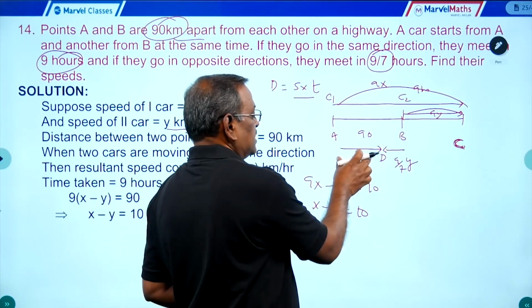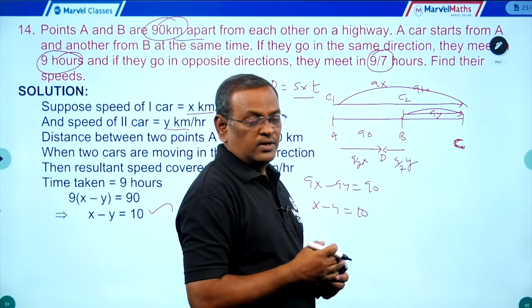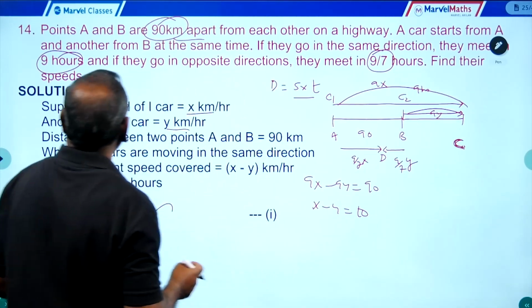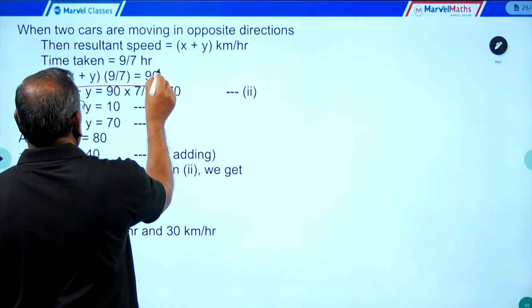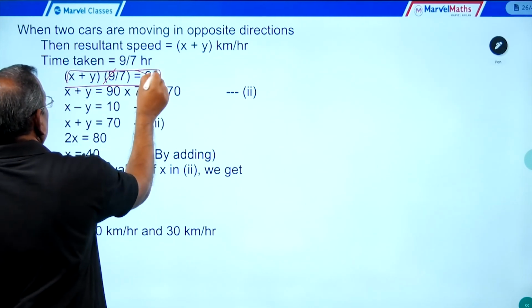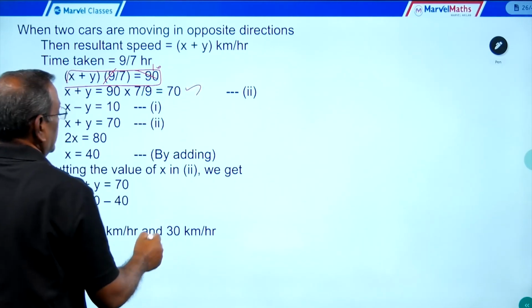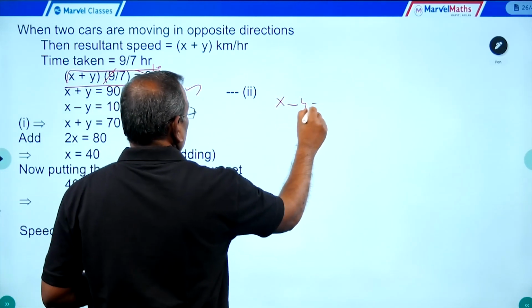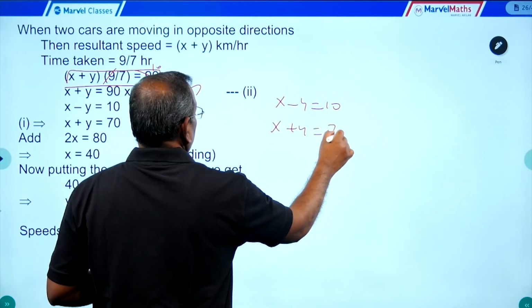Sum of the distance traveled by car 1 and car 2 is equal to 90. So second linear equation: 9 by 7 x plus 9 by 7 y equal to 90. If you cancel 90, this is 7, 7 into 10, 70. So x minus y equal to 10, x plus y equal to 70.